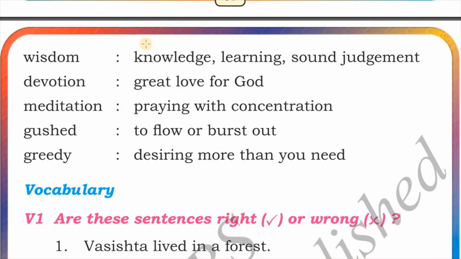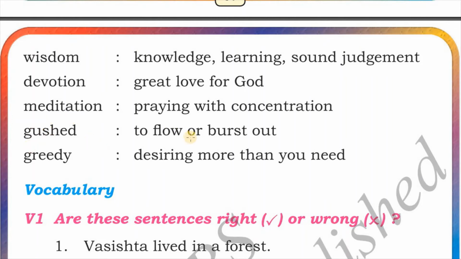Wisdom. Wisdom is knowledge, learning and sound judgment. Devotion is great love for God. Meditation is praying with concentration. Meditation is the state of mind where we try to free ourselves from any thoughts.